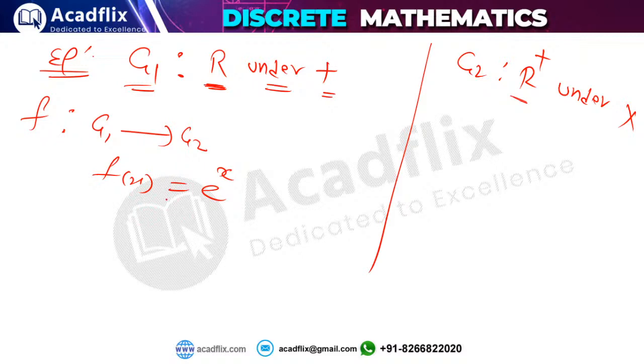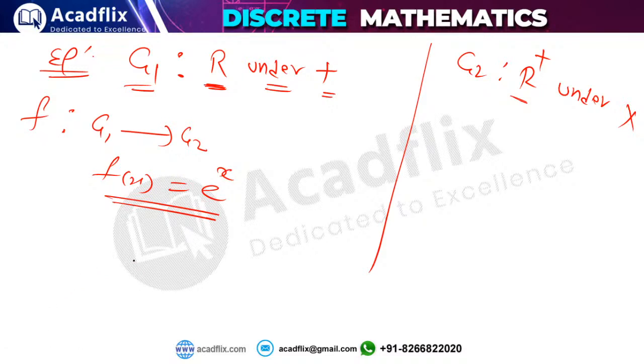We have two groups, G1 and G2, and f is a function from G1 to G2, defined as f(x) equal to e power x. Now you need to find, is this f a homomorphism?